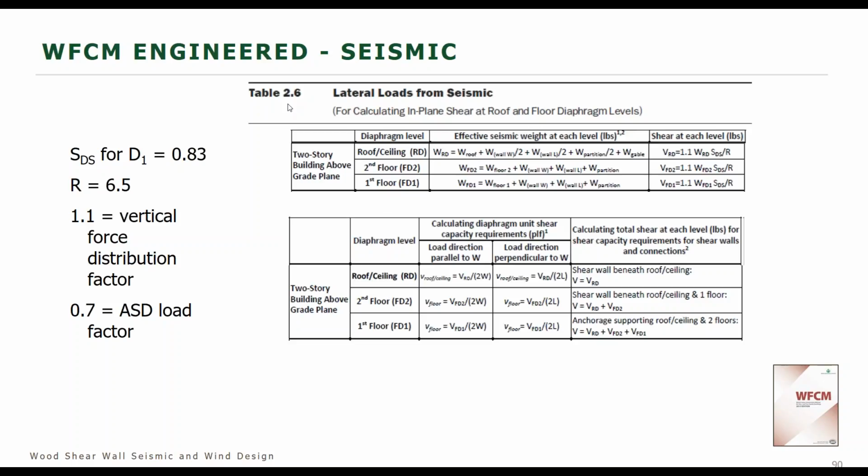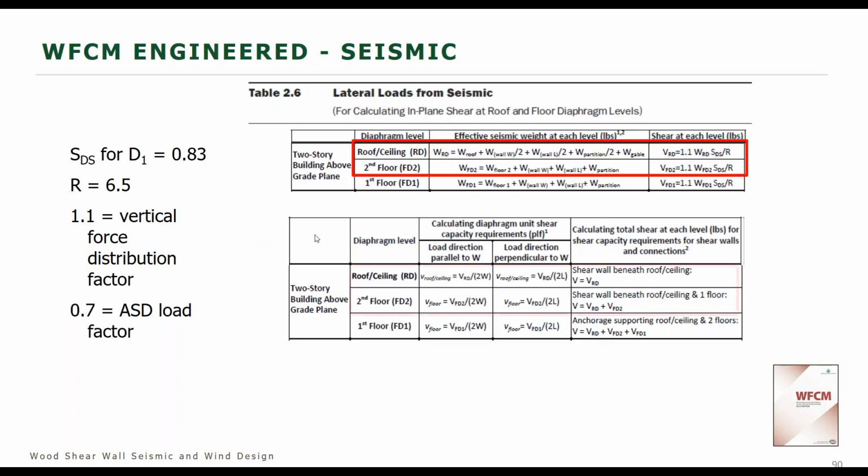So this is Table 2.6, which provides a method for determining the actual lateral loads. The top table is used to determine the shear at each level, which is shown here. And we're looking at a 2-story, so we're going to be using this equation for our loads.